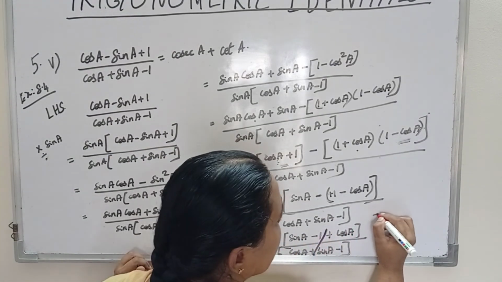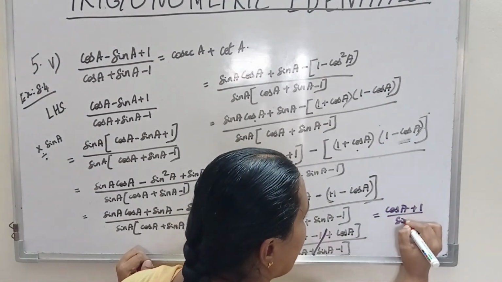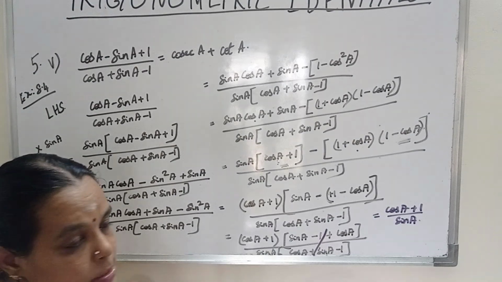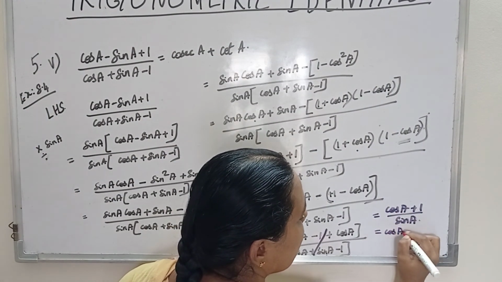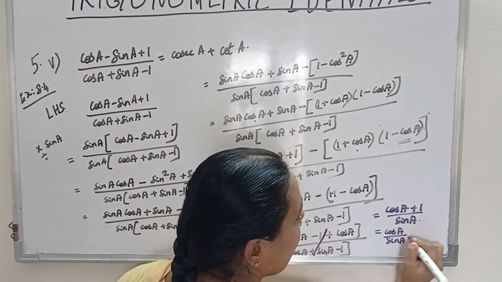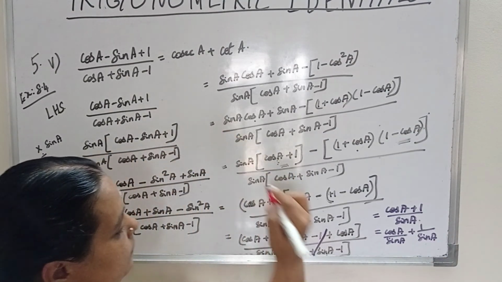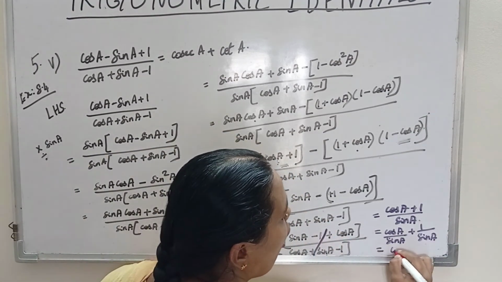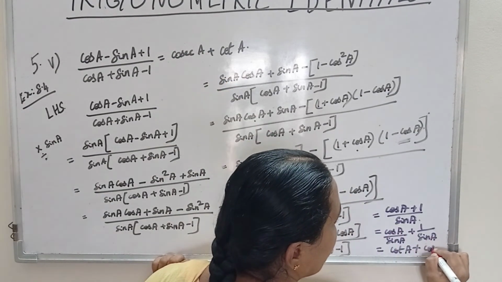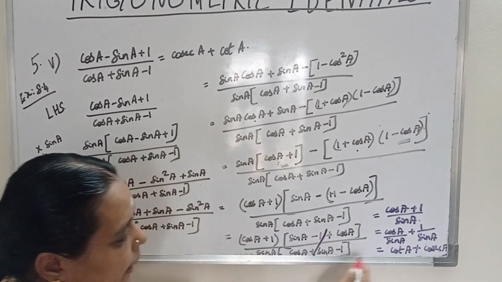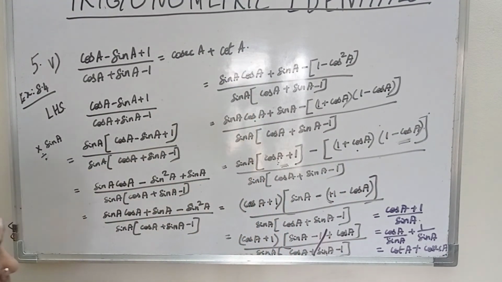So we are left with cos A plus 1 by sin A. So we will just divide: cos A by sin A plus 1 by sin A. What is cos A by sin A? It's nothing but cot A. Cos A by sin A is cot A and 1 by sin A is cosecant A. So cot A plus cosecant A, the same as cosecant A plus cot A, that is the RHS.